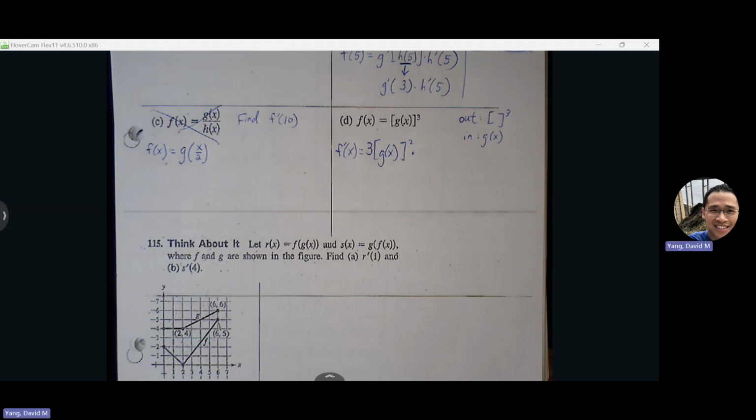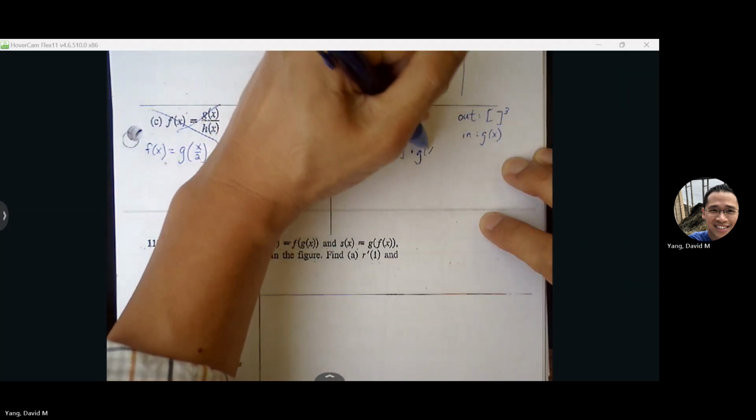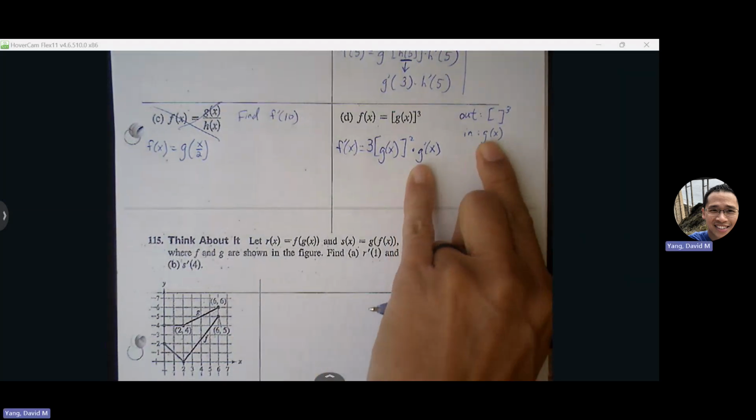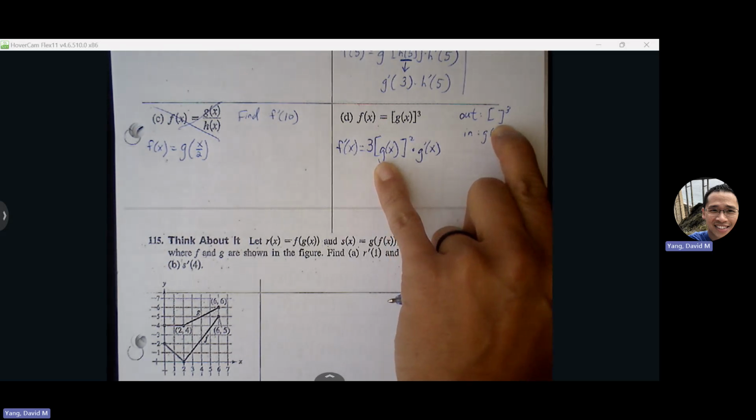So what can we do to g of x? g of x would just turn into g prime, right? So if something is in function notation, we have to leave it in function notation. But if something can be done using power rule, then we apply power rule for it.